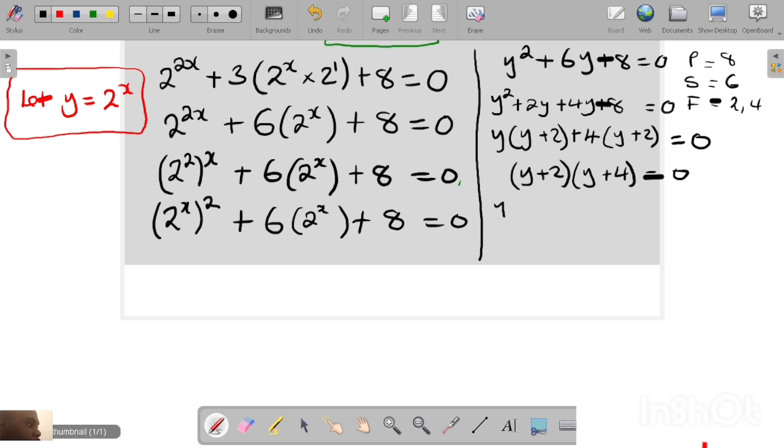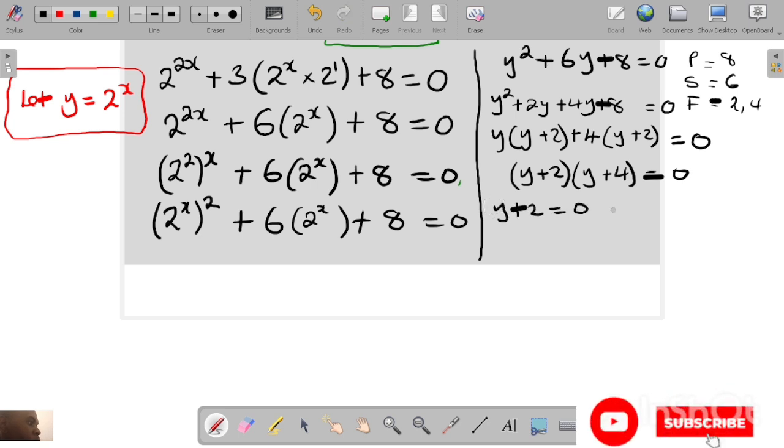So we have y plus 2 is equal to 0, or y plus 4 is equal to 0.